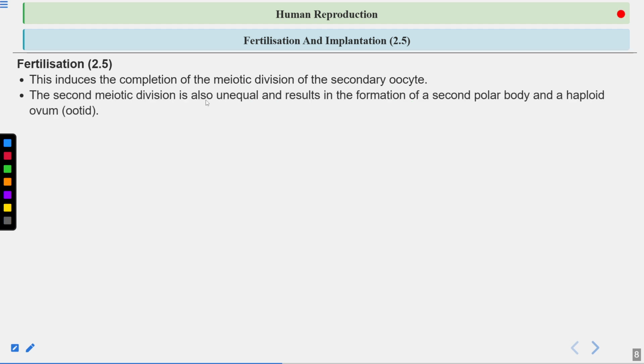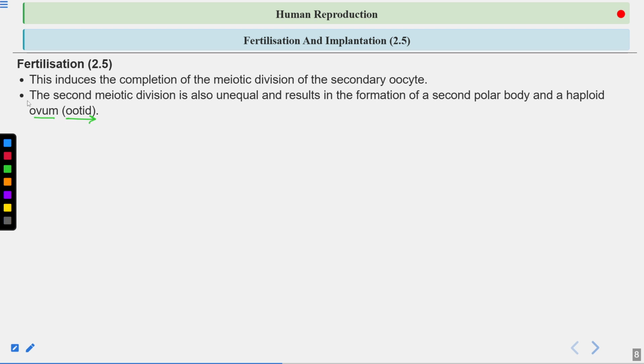Now the second meiotic division is also unequal and results in the formation of second polar body and a haploid ovum. Like primary oocyte was arrested in the prophase 1 of meiosis 1, here secondary oocyte is arrested in the metaphase 2 of the meiosis 2. And whenever the sperm comes in contact with the zona pellucida, this initiates the completion of the meiosis 2 of the secondary oocyte.